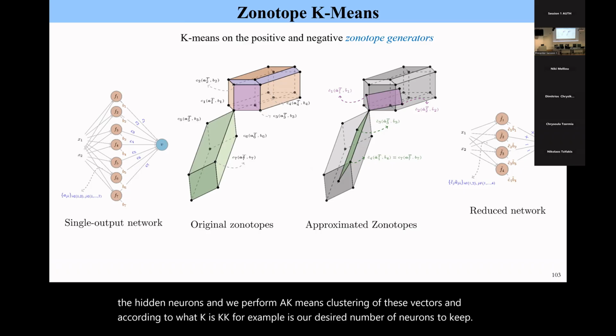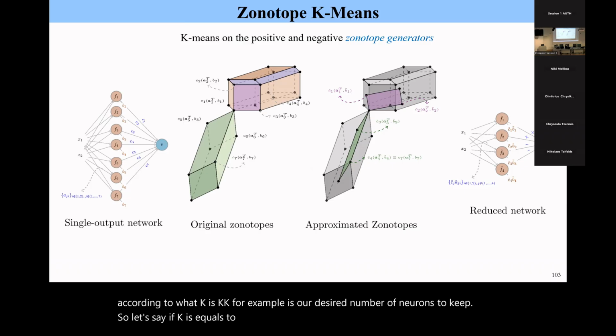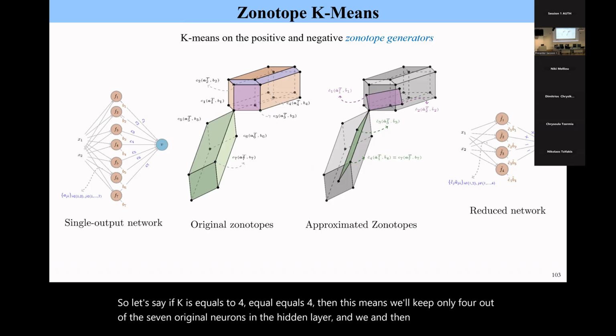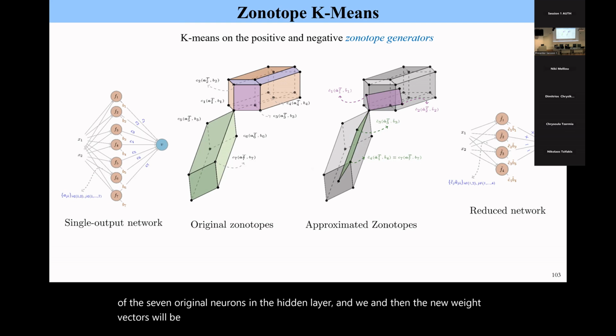So if k equals 4, this means we will keep only 4 out of the 7 original neurons in the hidden layer, and the new weight vectors will be the representatives of these k clusters.